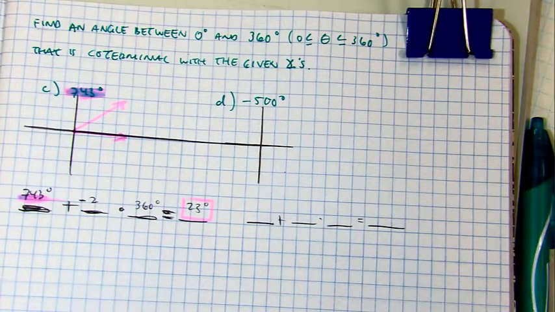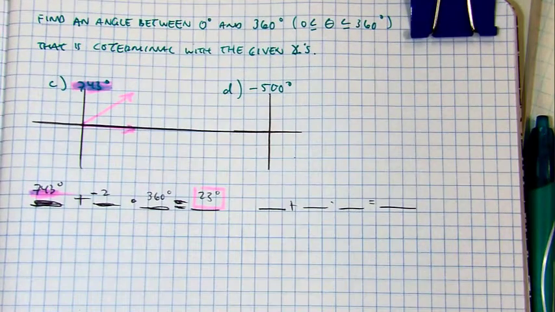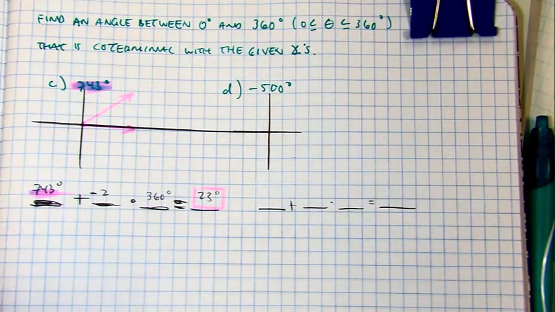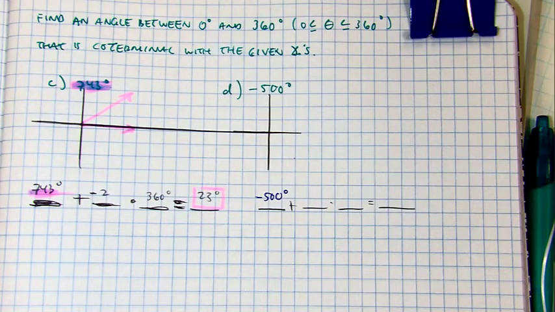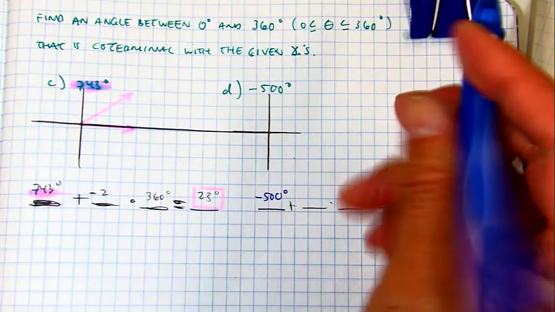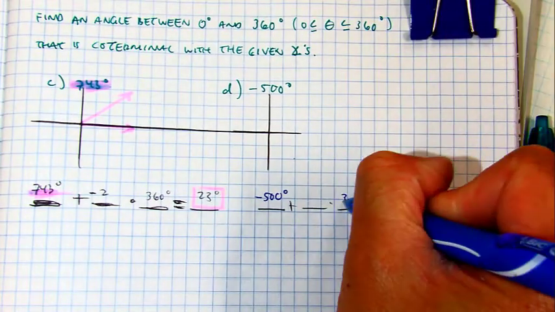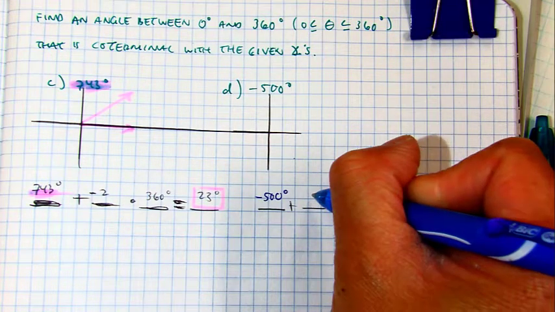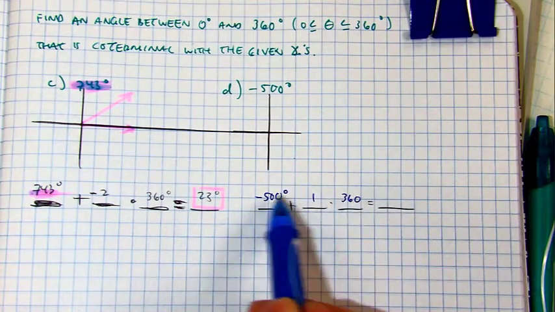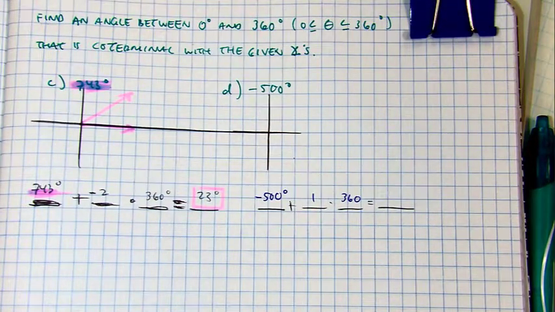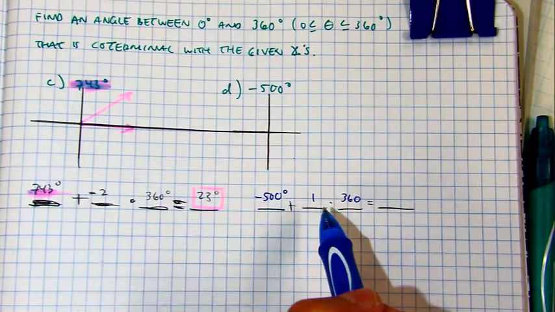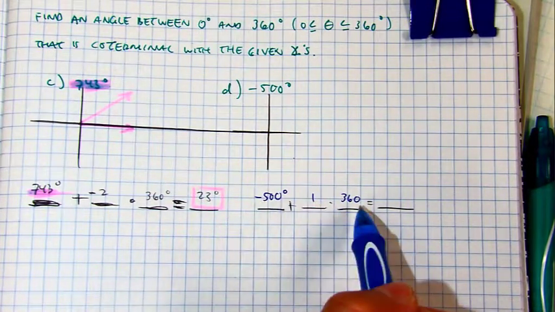Brian, how many rotations for D? One rotation? Question. If you did 1 rotation and you added that, is that a number between 0 and 360? So if you did negative 500 plus 360, is that a positive or negative number?